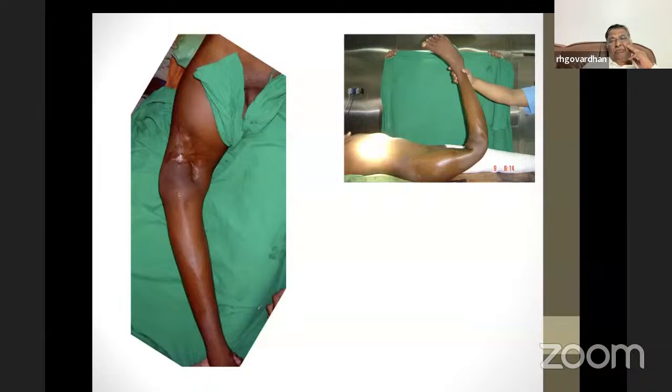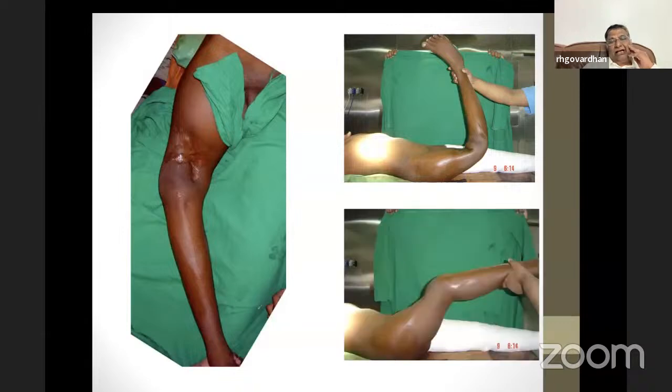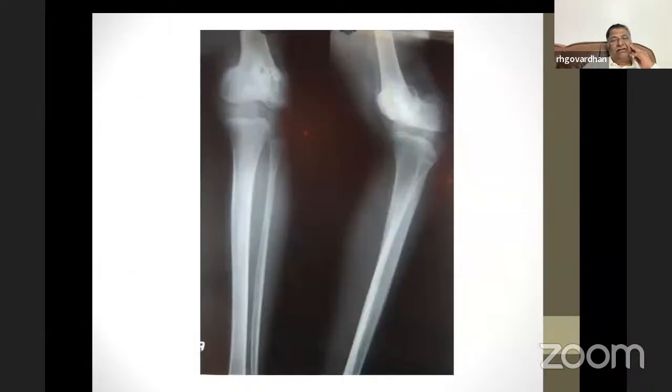But when you put the patient on the table and see the range of movement, you will be astonished to see that he has got a hyperextension at the level of the knee and his flexion is only this much. What is the reason why he has got this deformity? His deformity was very much revealed by a true lateral view, where there was a recurvatum deformity of the femur.